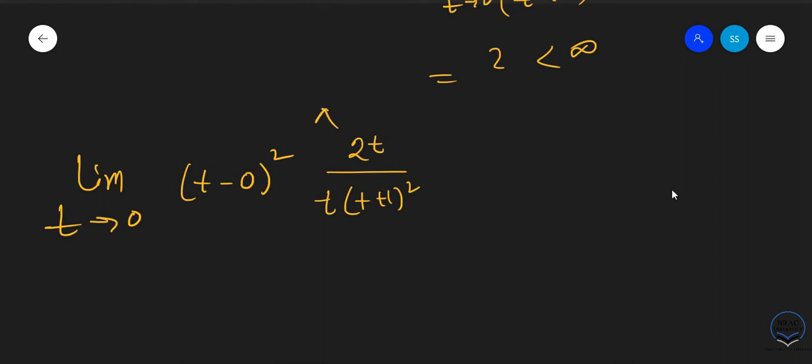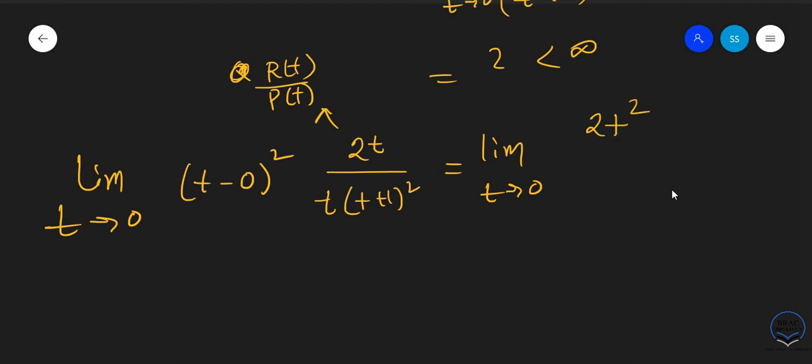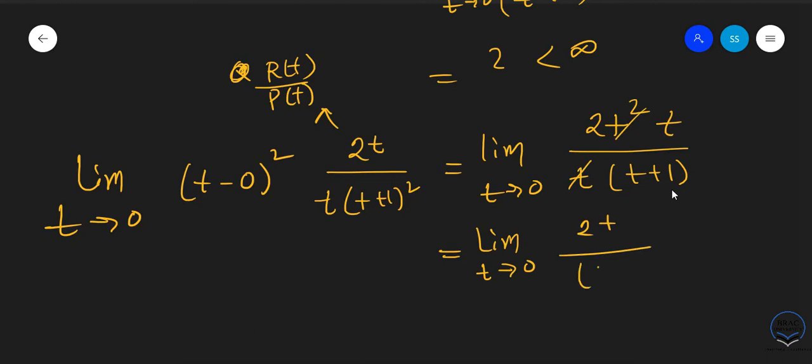So yeah, this is just the r(t) by p(t) ratio. Now if you do the algebra, this will just be 2t squared by t into t plus 1 whole square. Obviously one of the t's will get cancelled, and you will have limit t goes to 0, 2t over t plus 1.